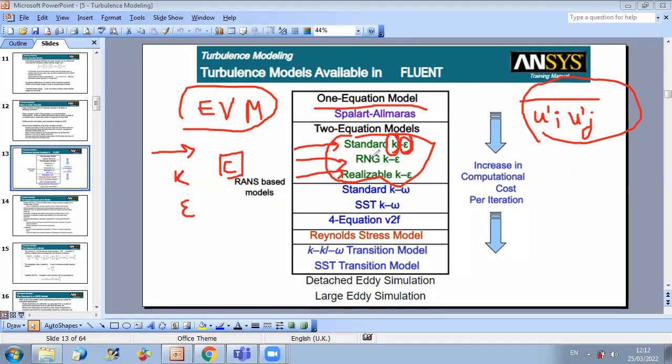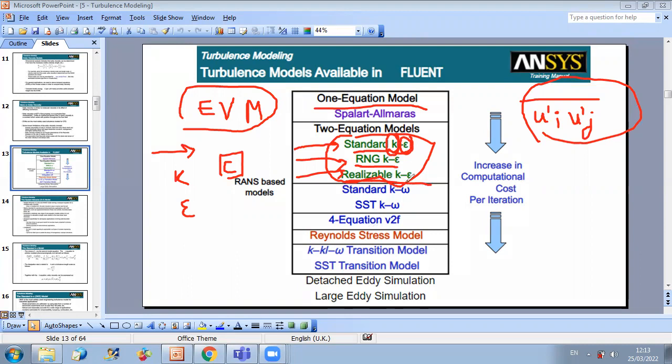So we modified the equation in order to model a wide variety of turbulence in an accurate way. Now we'll come up with recommendations in this chapter. In which case do I use standard K epsilon? In which case do I use the renormalized group K epsilon? And in which cases do I use the realizable K epsilon?